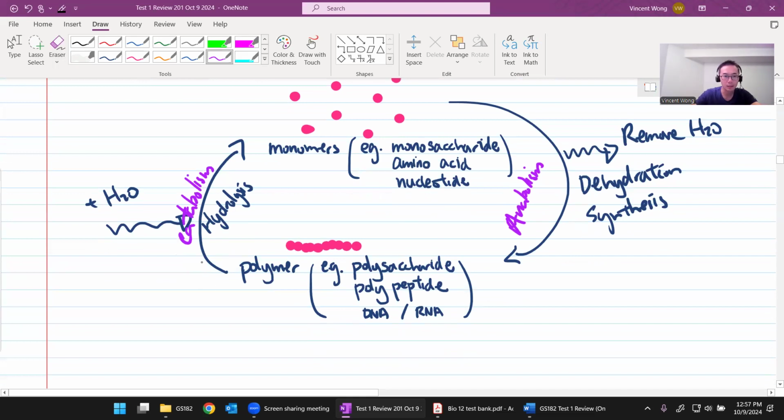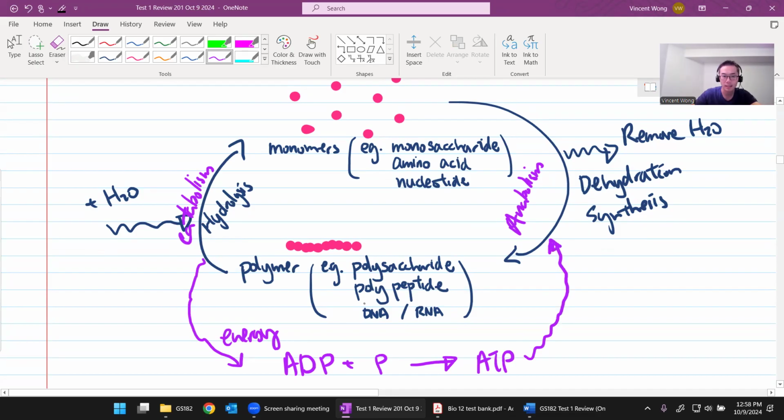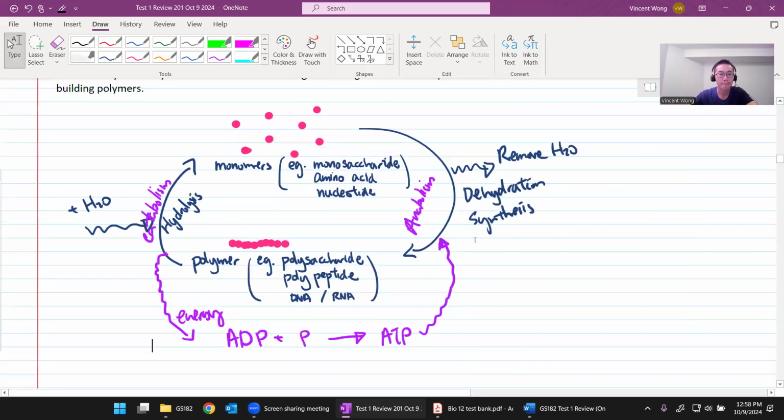I can add a little bit here: that energy is used to combine ADP and P together to create ATP, and then this energy is going to be supplied. So it completes the picture like that. Are we okay?